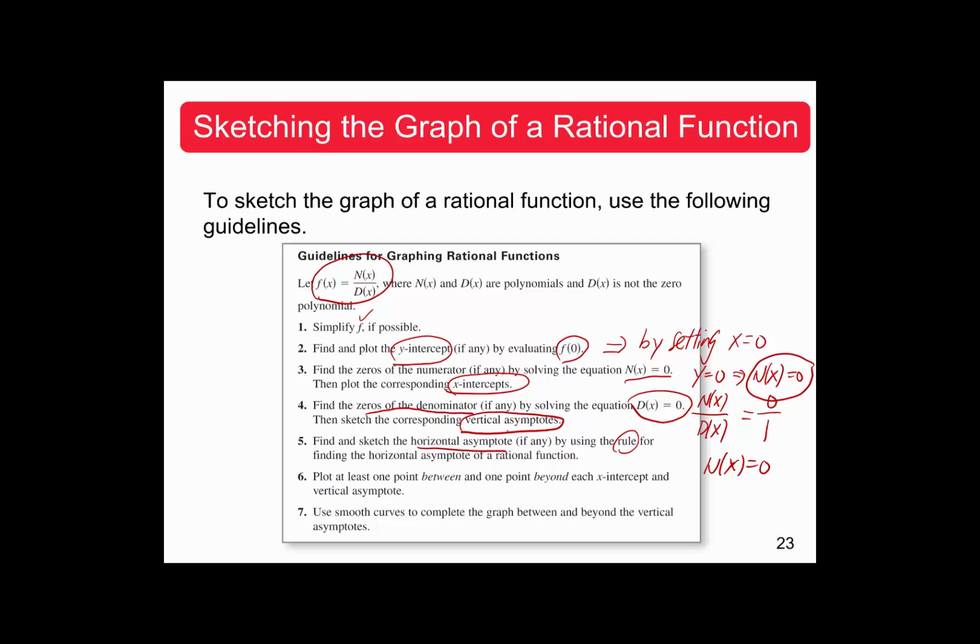Then plot at least 1 point between and 1 point beyond each intercept and the vertical asymptotes. Then use a smooth curve to connect the graph, and use the vertical and horizontal asymptotes to set the boundaries. That's the typical procedure of graphing a rational function.